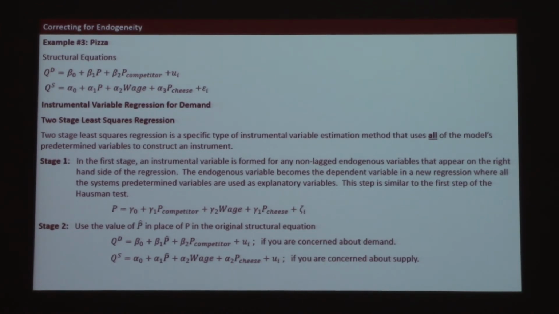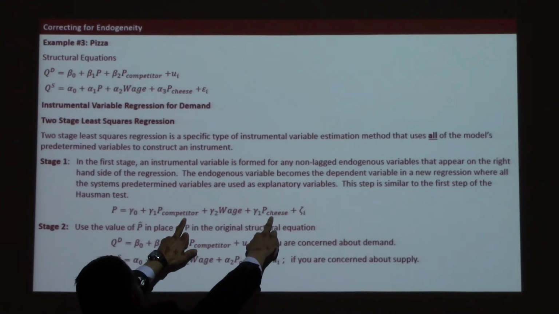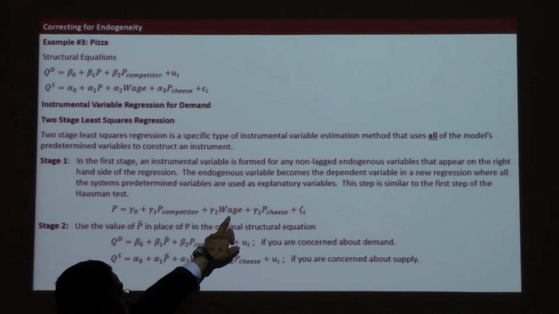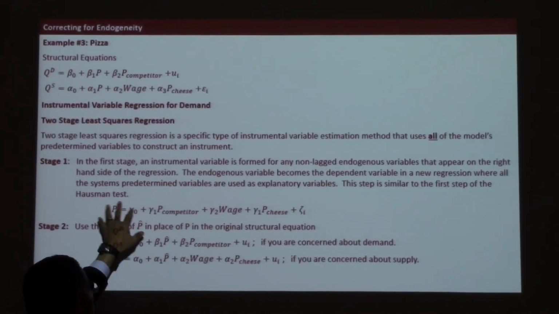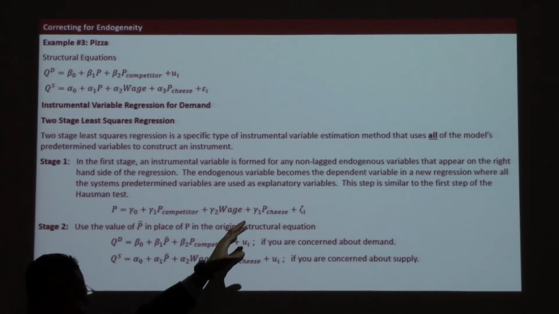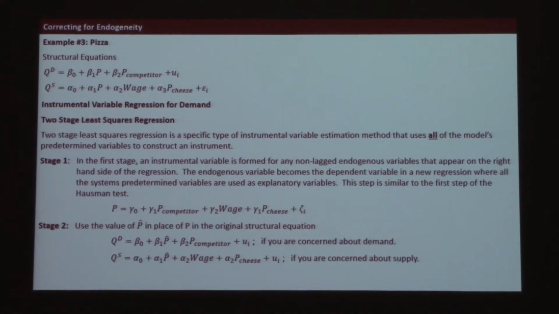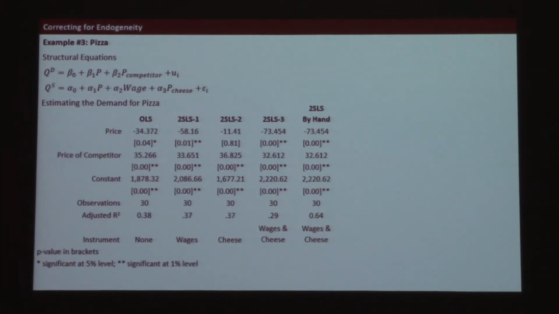If it's demand, we got these two instruments. If it's supply, then we got the one instrument. But the instrument itself is going to contain all three of those. And we saw that from the first stage of our two-stage least squares regression. And then we plug in that instrument into our supply and demand curves.